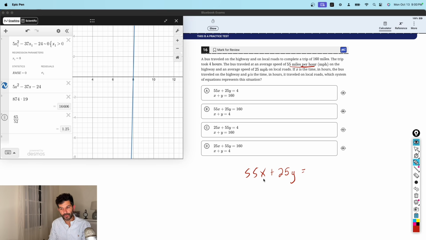I don't know the number of hours that I travel on the highway, but what I do know is that for that rate, 55 miles per hour, in addition to the 25Y will give me my 160. And then the number of hours I spent on the highway plus the number of hours I spent on the local roads together gives me 4. That is going to be option B in this case.